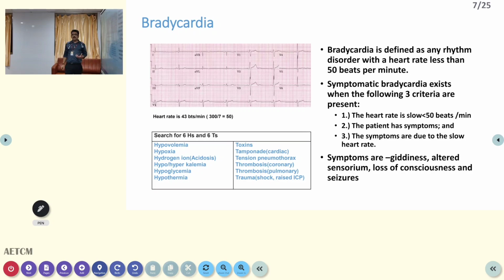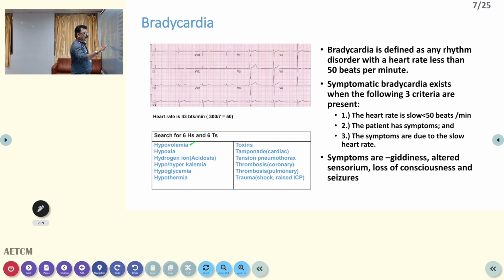Now, these are the causes for bradycardia. You have to search for the 6 H's and 6 T's. If a patient is having bradycardia, most of the time they may not be symptomatic. If the patient is symptomatic, we have to treat the patient. But before that, we should know the reasons for bradycardia.